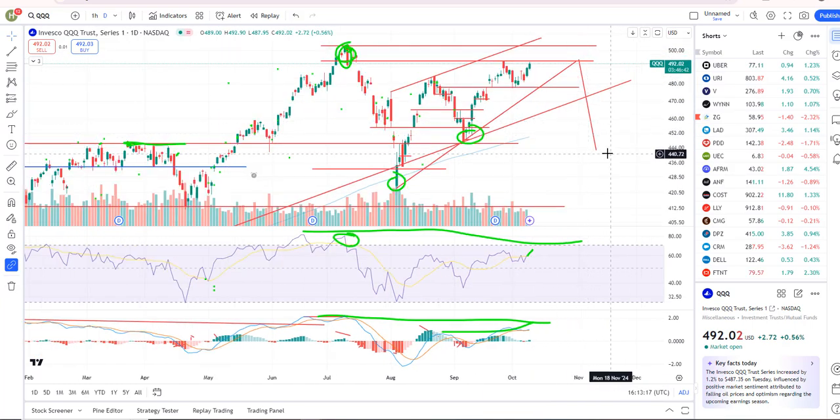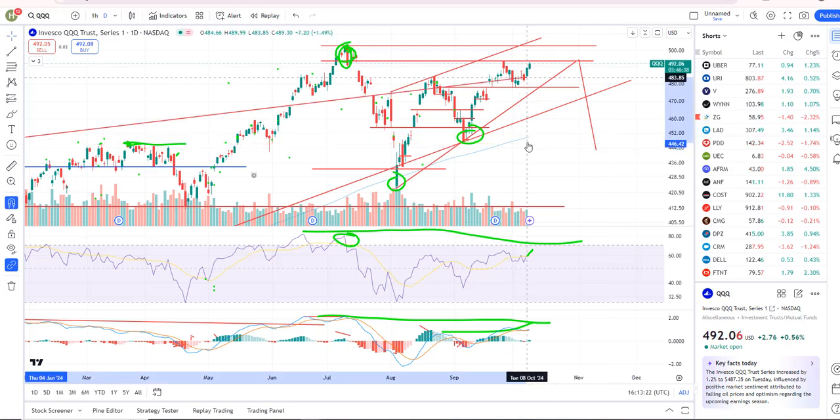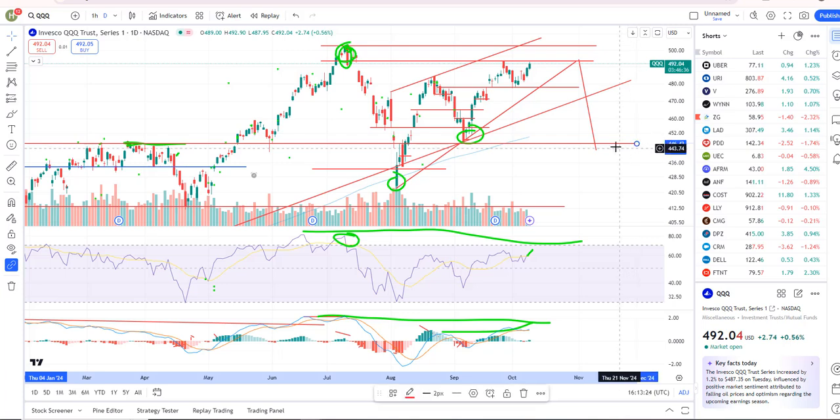And that would set us up for, I don't know, there's a horizontal line right there, so I'd probably say down there about 446. From where we're at right now, let's say it does go up, because we don't know. It looks like it's going to go up, but there are no guarantees.